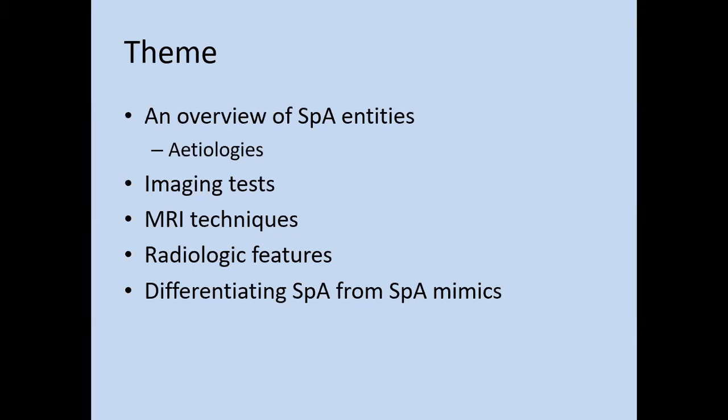And the reason why they can be missed is because of the great overlap, sometimes, in the imaging features between spondyloarthropathy, degenerative disease of the spine, and diffuse idiopathic skeletal hyperostosis. So this is the reason why I give this talk, really just to familiarize radiologists with the imaging features of the spine and sacroiliac joints and how to differentiate these changes, so that we don't miss these patients.